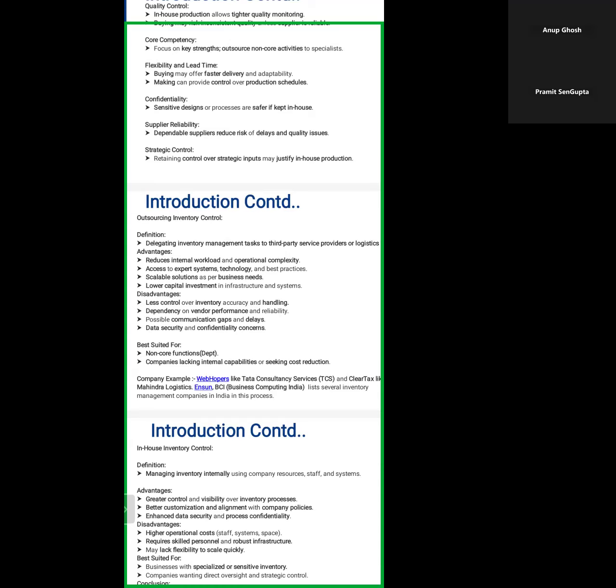Now, on the high side, if there is a pro, there will be a con. There are disadvantages of this outsourcing. Now, what are the disadvantages? Less control over inventory and accuracy in handling. Primarily, what I have seen in my work experience also is delay in supply. There are a few parameters.